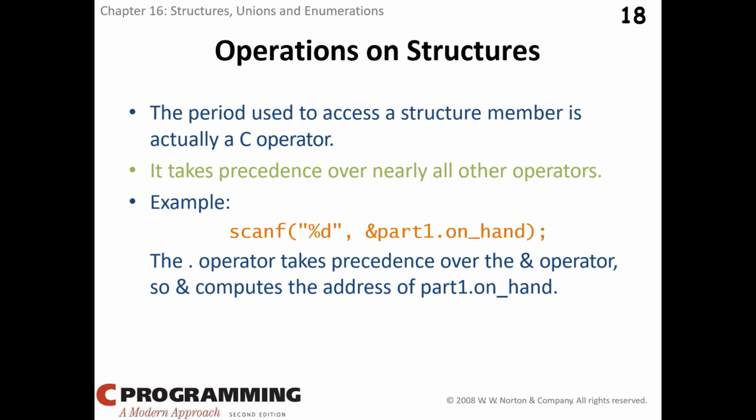This means that the member access operator is evaluated before the ampersand operator in the expression. As a result, the address of part1.onHand is computed correctly, and it allows scanf to modify the value of onHand within the part1 structure variable.